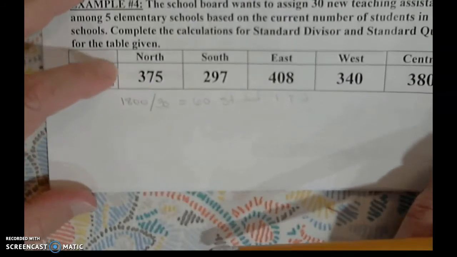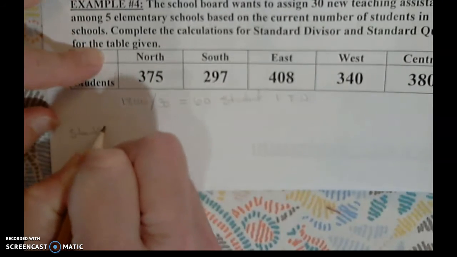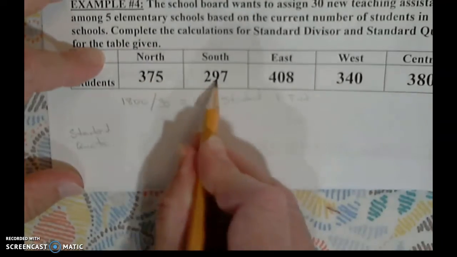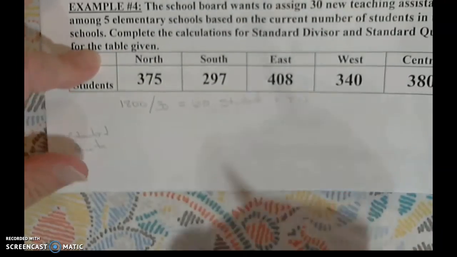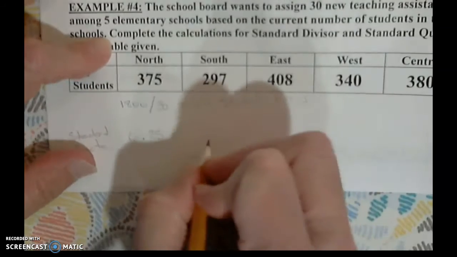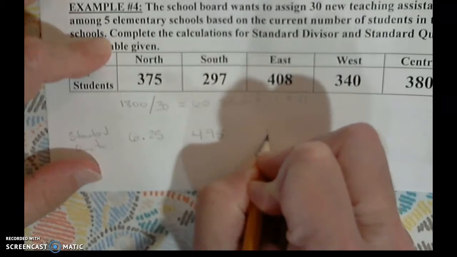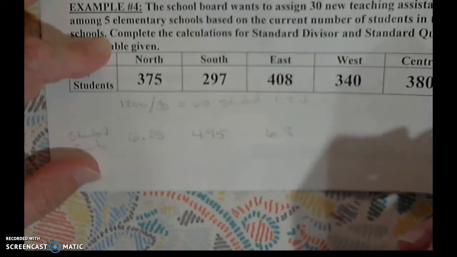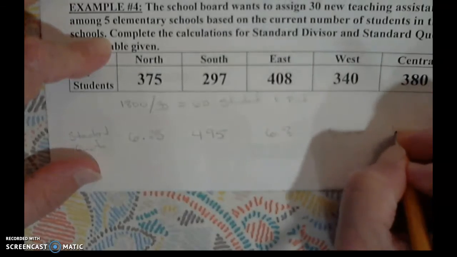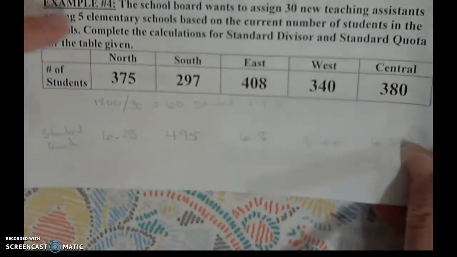And then what would we do to find our standard quotas? We basically divide each of these by 60. And so if I do that, North should have gotten 6.25. South would have gotten 4.95, 6.8, 5.66, and Central would have gotten 6.33. Okay, for your standard quotas.